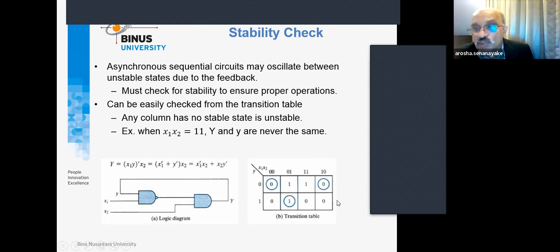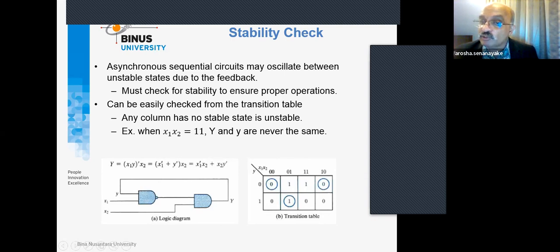The expectation is a change of one of the input variables from one column to the other. So look at the state changes, for example, in Y. You can see that here is 0, 0, here 1, 1. But when it comes to 1, 1, you can see that we have two different states.